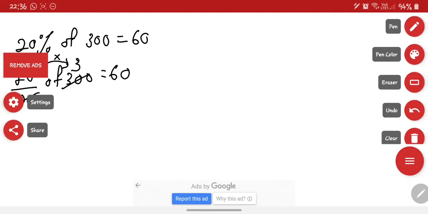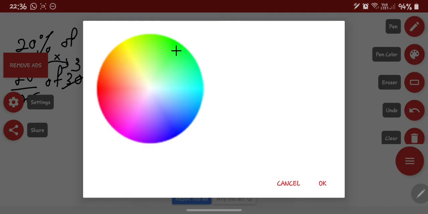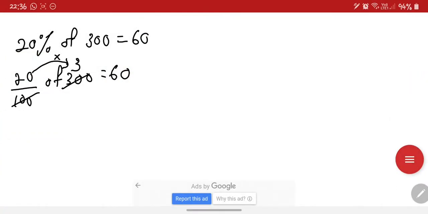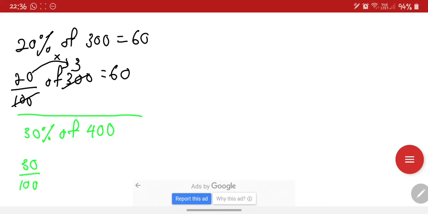Now let's use another number. We choose a different percentage and a different number. Now let's say I ask you 30% of 400. Good. So you're getting it now. So it's 30 over 100, because you have to change first, of 400.